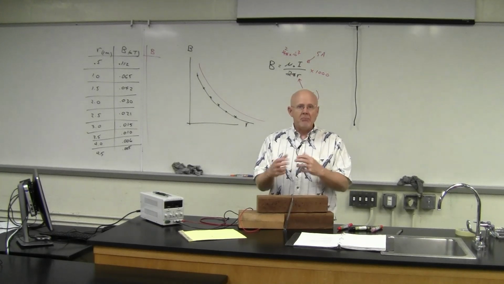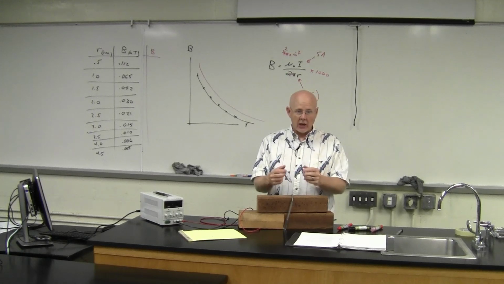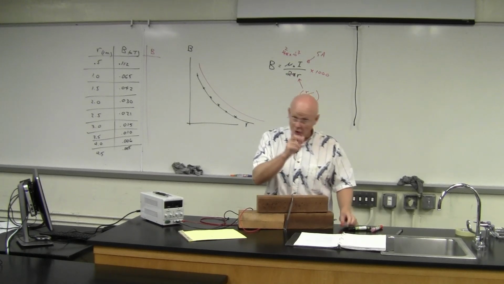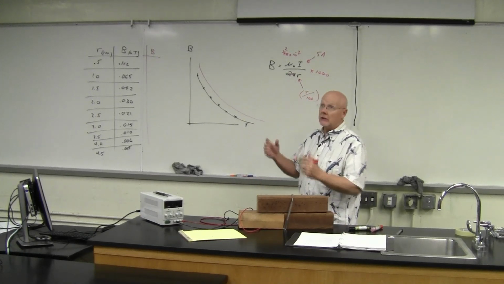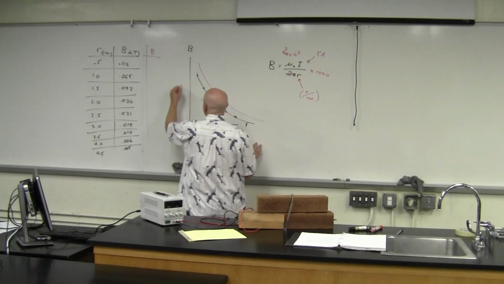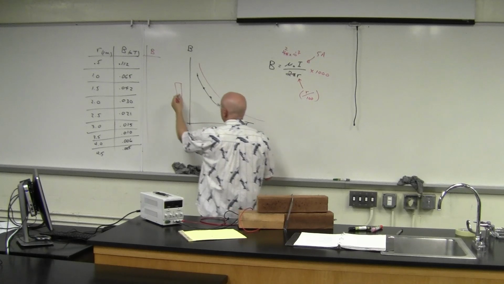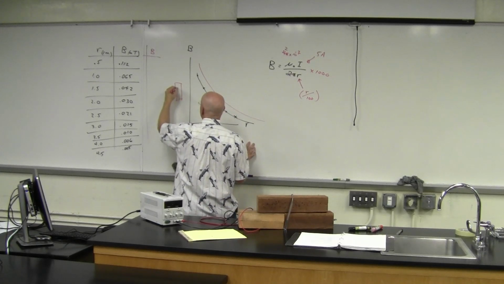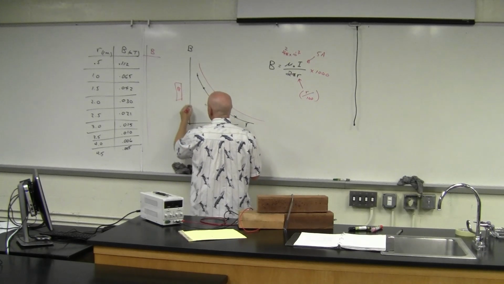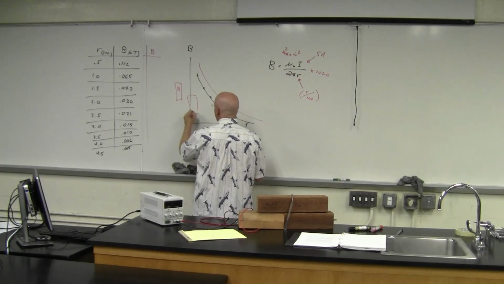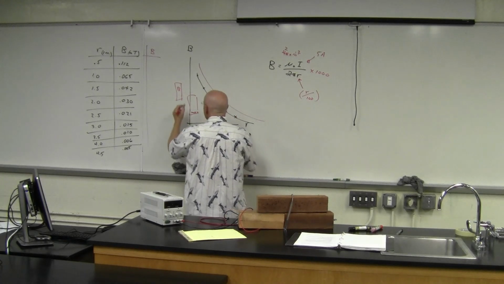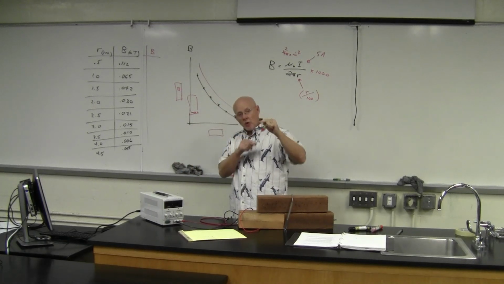Because getting both plots at the same time. Oh, by the way, I should have pointed out, and you probably figured it out if you've gotten this far, but if you click on what you're plotting here, like so it says B field, and you click on that, you'll get a column, and one of them says More, and if you click on More, you get an option of checking which ones you want plotted.